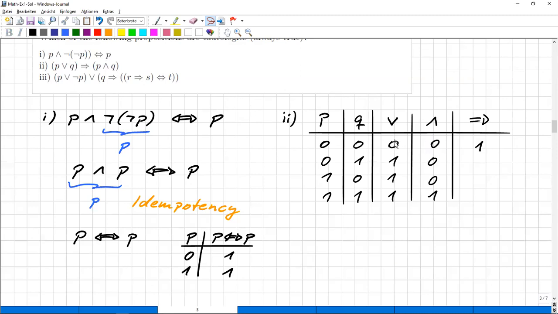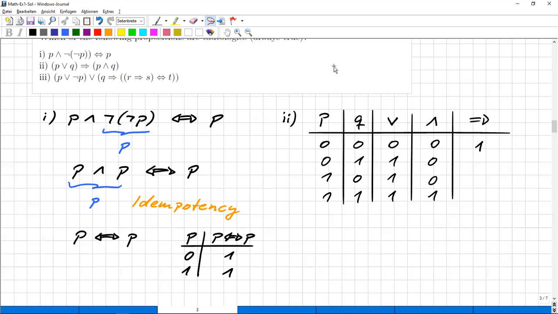The premise is not responsible if it doesn't get true. It's not responsible for the conclusion to be true or false. There's a very good formulation in Martin's notes, which says the premise is sufficient for the conclusion. On the other hand, the conclusion is necessary for the premise.